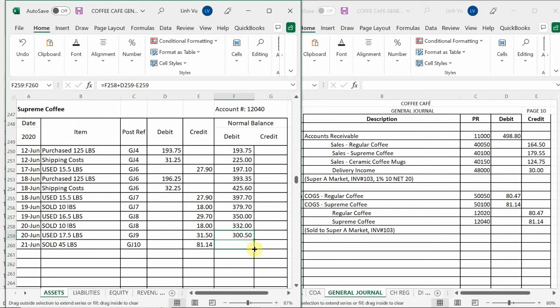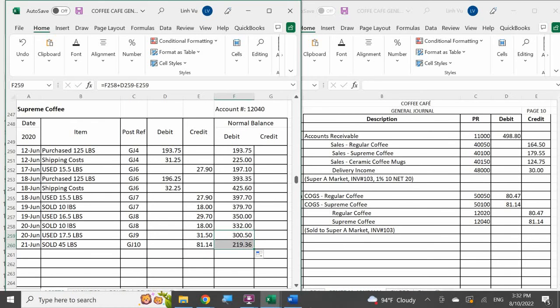And then it went down to 219.36. Yep, which is true because I remember that number. And then we needed to update on, no, we updated the subsidiary, right?